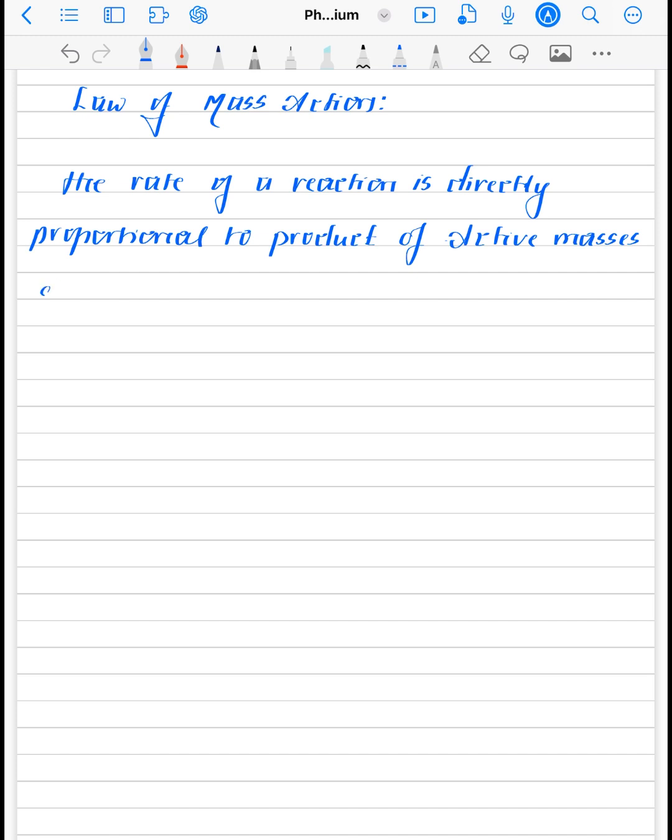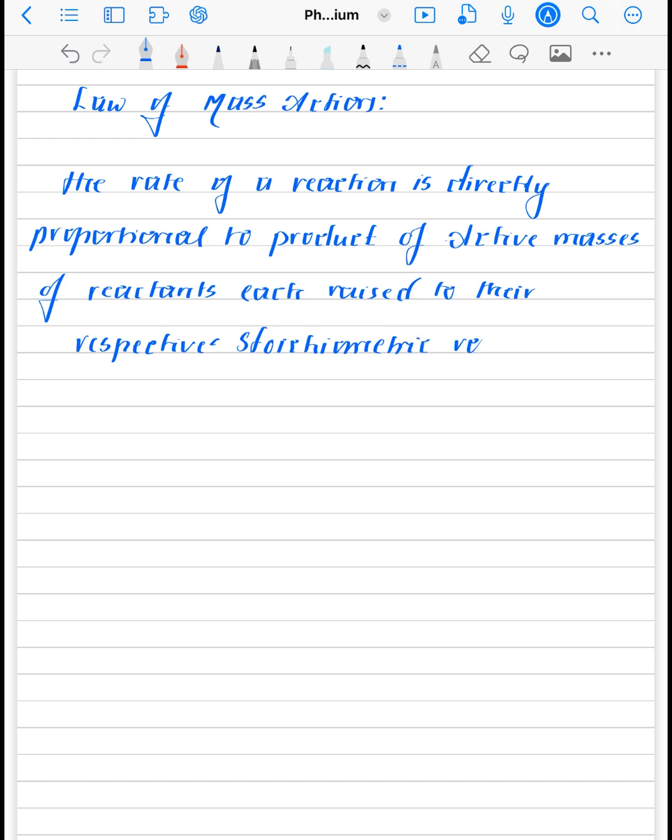Active masses of the reactants, each raised to their respective stoichiometric ratios, or else you can consider it as coefficients.